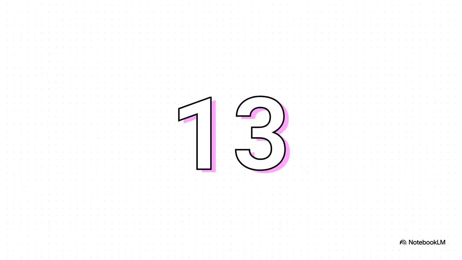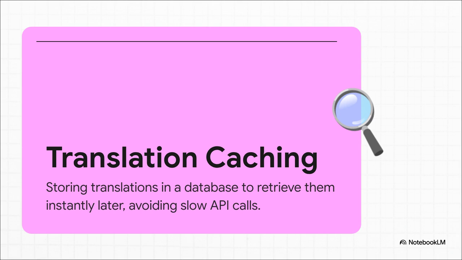But okay, what happens when that expert call is actually needed? Well, if a block of text isn't in the cache, the system reaches out to the Google Translate API. And it's not just for one or two languages. It's requesting the translation in any of its 13 supported languages, everything from French and Spanish to Korean and Thai. And here is where you see this beautiful feedback loop kick in.